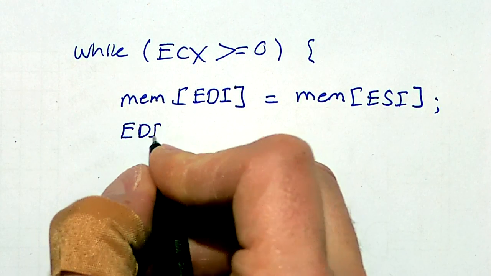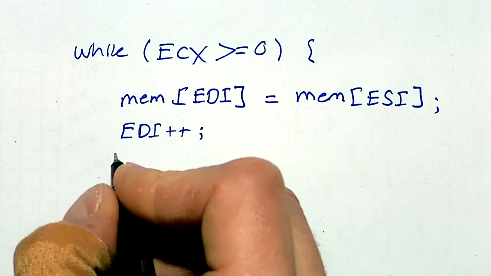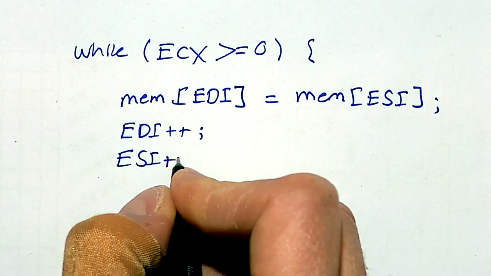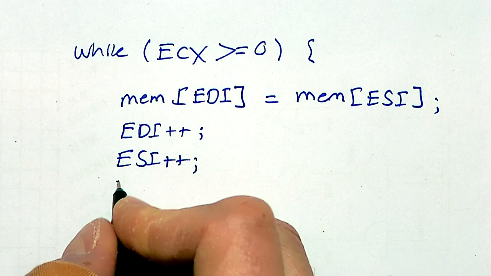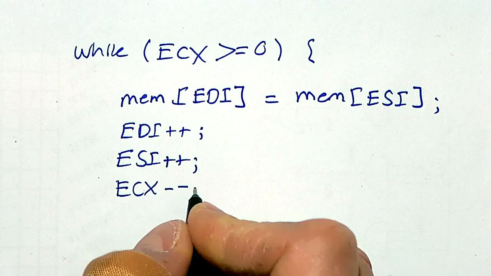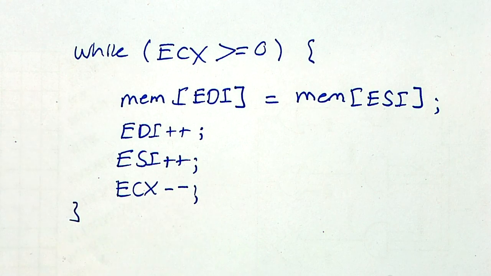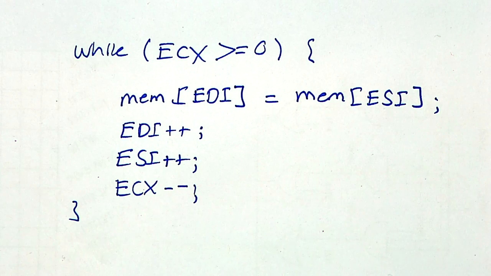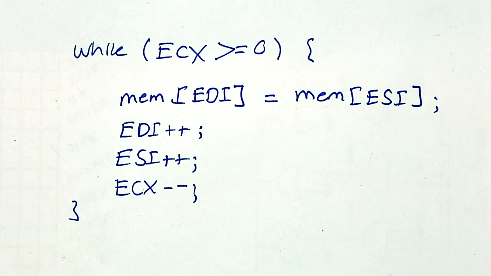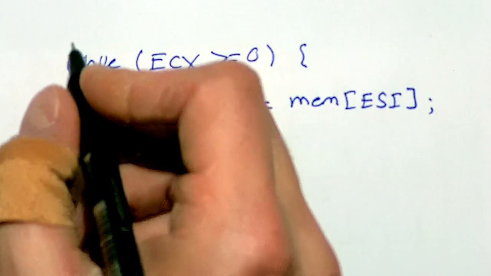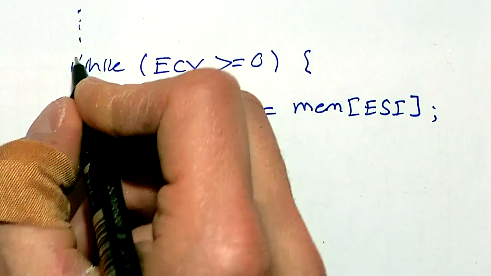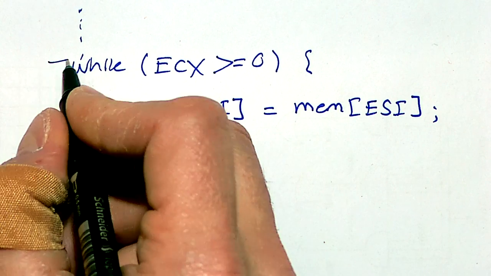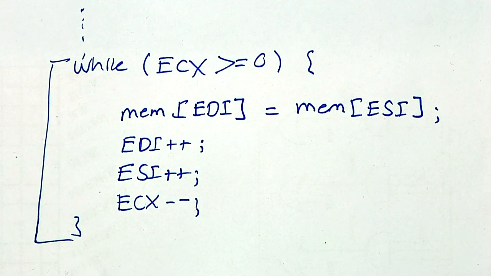And then EDI plus plus, ESI plus plus, and then ECX minus minus. I could have been fancier by adding the plus plus and minus minus over here. It would still be a correct C program. And of course, you initialize ECX. That's the input to the instruction. But this is a single instruction in x86.